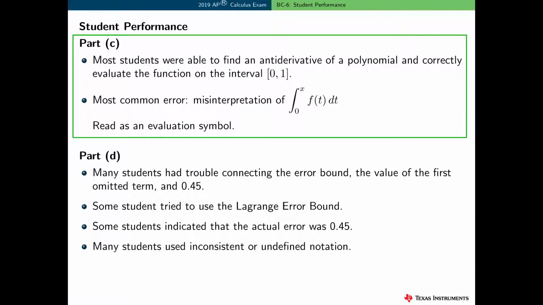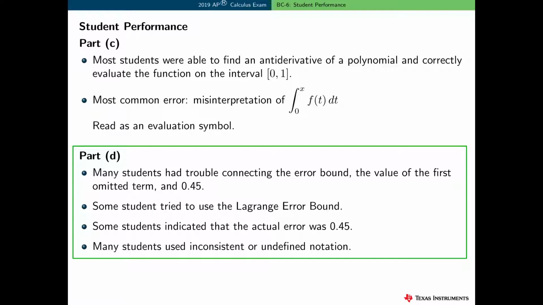In Part C, most students were able to find an antiderivative of a polynomial and correctly evaluate the resulting function on the interval 0 to 1. The most common error in Part C was a misinterpretation of the integral. Some students actually read this as a simple evaluation symbol, and they evaluated f at x and 0.